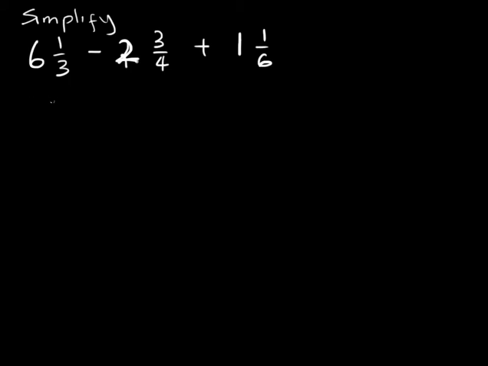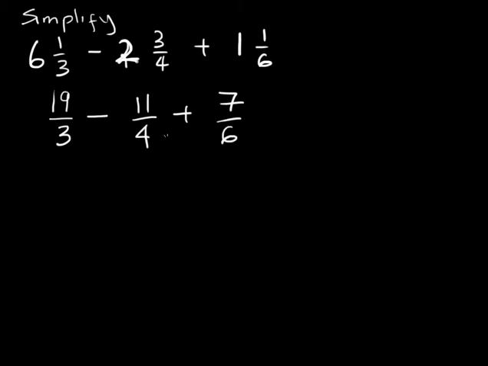The best way to start this process is to convert everything into proper fractions. Okay, convert everything into proper fractions. So let's go through the process of converting it into proper fractions. So we know now that this is 3 times 6, it's 18 plus 1, so that's 19/3, minus 2 times 4 plus 3 is 11/4, plus 6 times 1 is 6 plus 1 is 7/6.